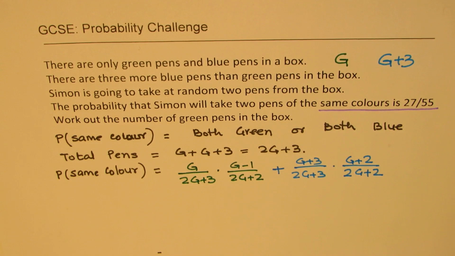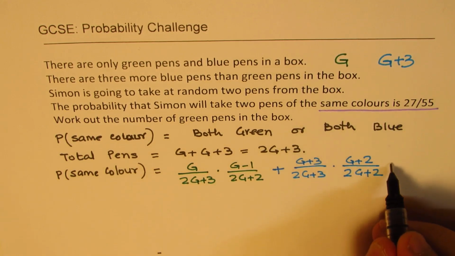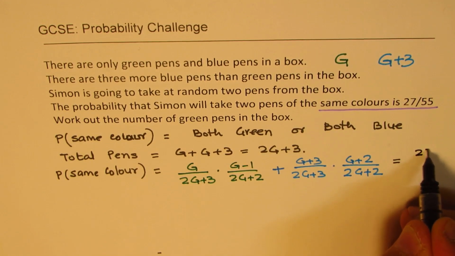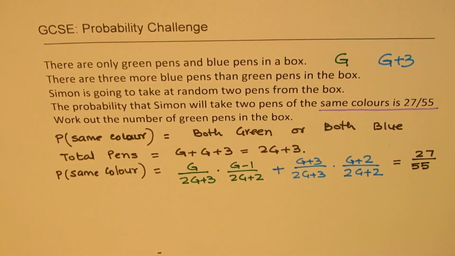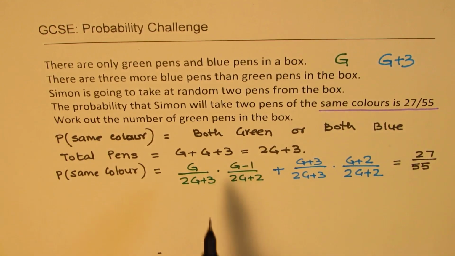So that becomes the probability, and what we are given here is that this probability is equal to 27 over 55. So that forms an equation, and in this equation there is only one unknown G, which we can actually find. Perfect. Now let's see how to calculate G.